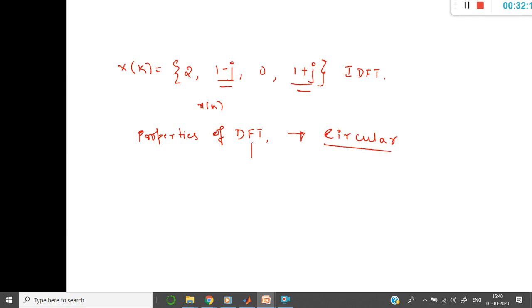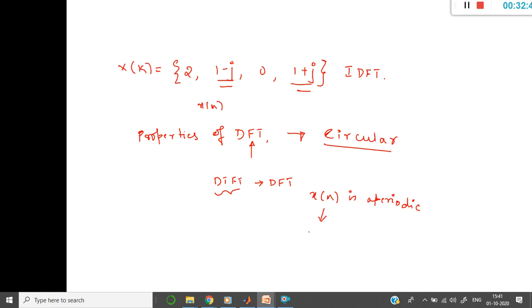Because you know that we obtain the DFT from the DTFT. The input signal that we analyze, we initially made an assumption: all the signals that we are looking into are aperiodic signals, and they are discrete in nature.